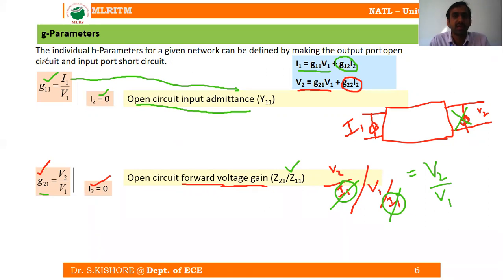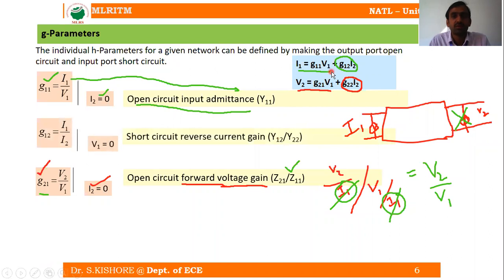Now let us obtain the other parameters, that is G12. Let us consider the first equation where V1 is equal to 0. To obtain G12, we have to make the input port short circuit.